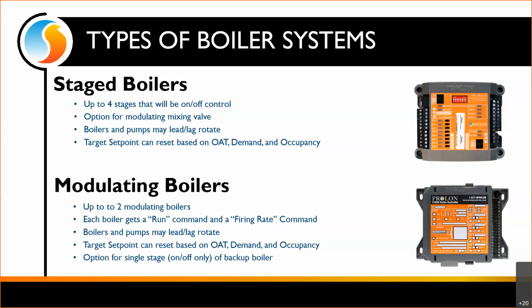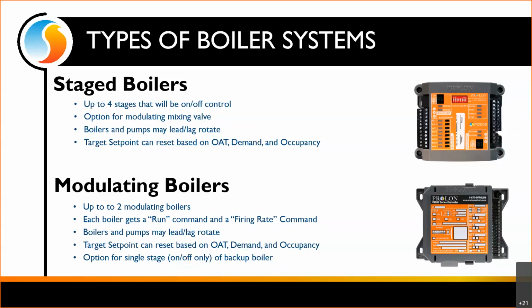Again, both these boilers can lead lag rotate. We have the same reset strategies available in the modulating sequence as we do in the staged. And then also since I only can have 2 modulating boilers, I do have an option for 1 on-off stage.